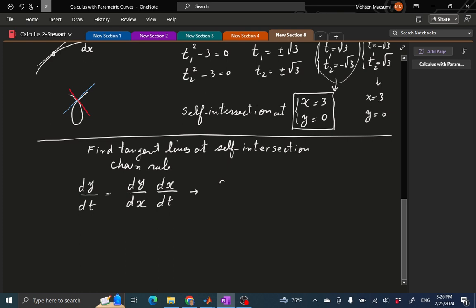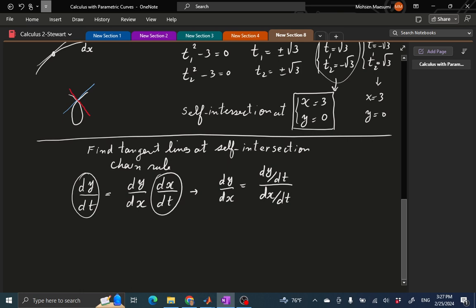This tells us that dy/dx is, I take this quantity divided by this quantity, so it's dy/dt divided by dx/dt. Now this writing is going to be quite substantial, and later on gets even worse. So I need a little bit of shorthand to be able to handle this.